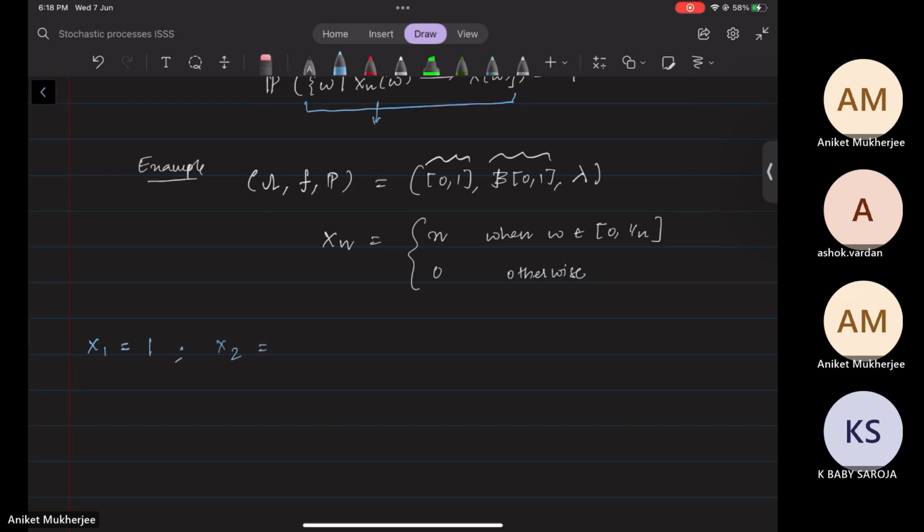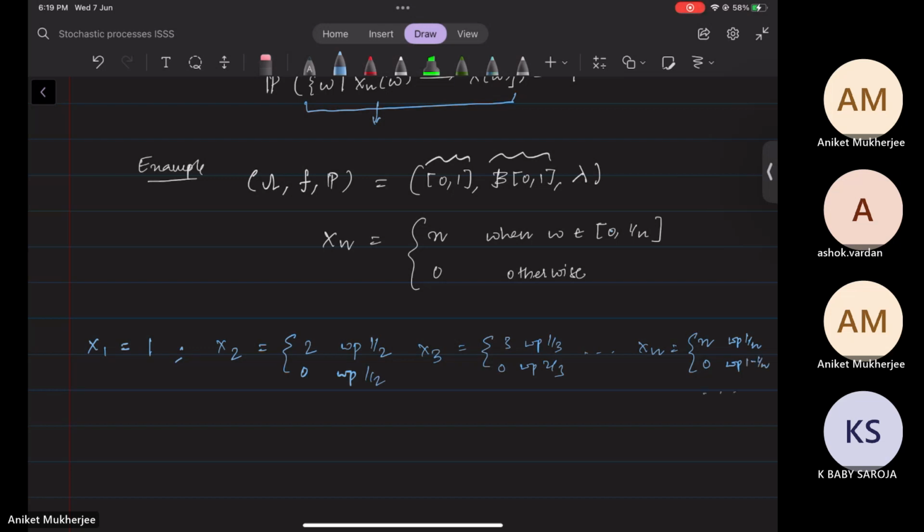X2 is 2 with probability 1/2, because you have (0, 1/2), and 0 with probability 1/2. X3 is 3 with probability 1/3 and 0 with probability 2/3. And so on. Xn is n with probability 1/n, and 0 with probability 1 minus 1/n.